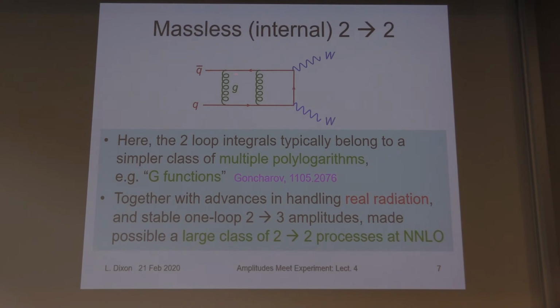In the case of other processes which have 2 goes to 2, we're in a more fortunate situation. For example, this integral here is one of the most complicated ones that appears in the production of 2 W bosons.